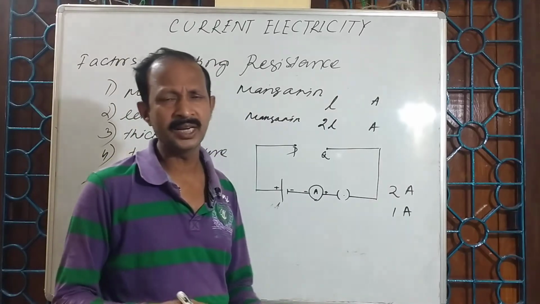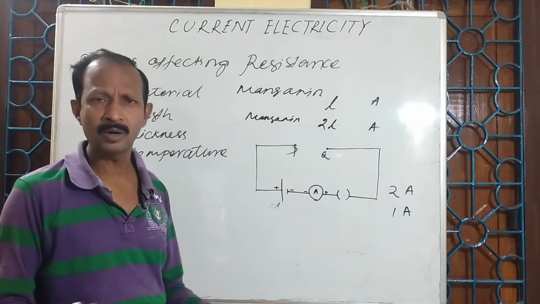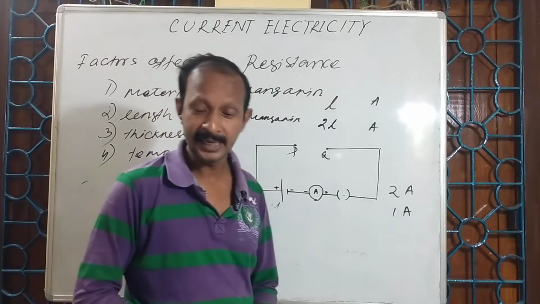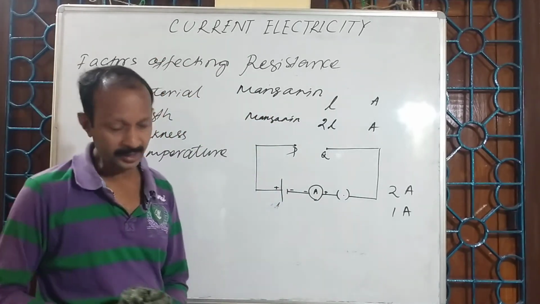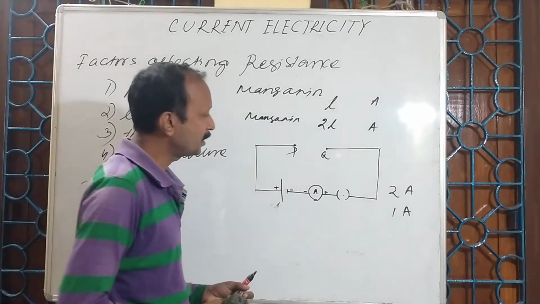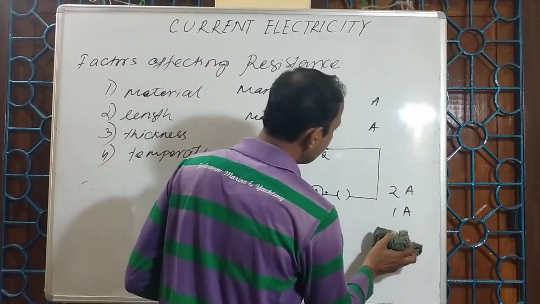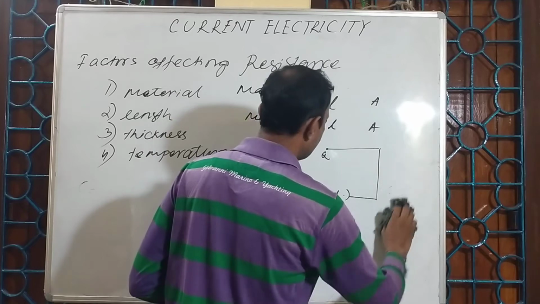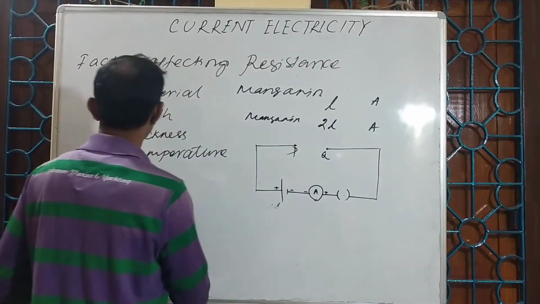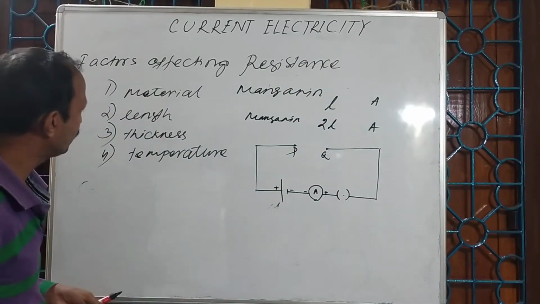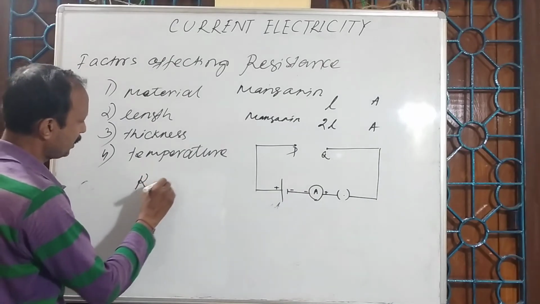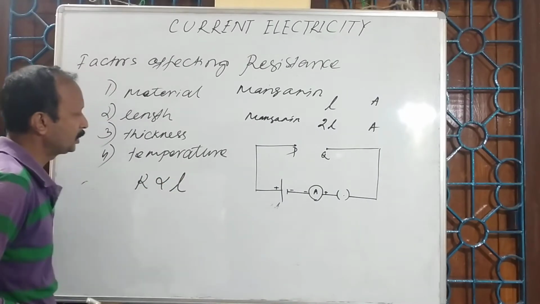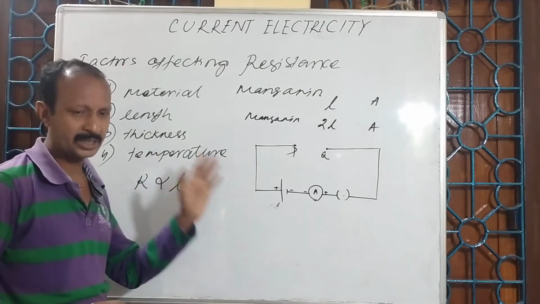So when the collisions increase, obstruction increases, or we say that resistance increases. So I can say that length is a factor which decides the resistance of a conductor. Previously I said material, now I said length. So resistance is directly proportional to the length of the conductor.